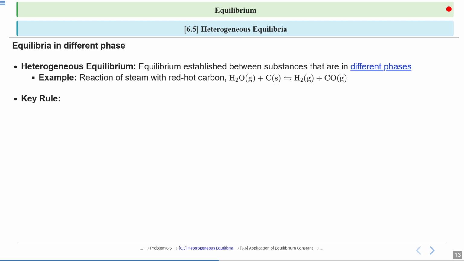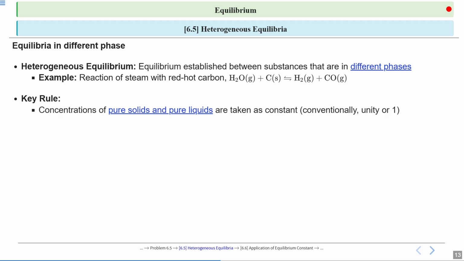Now in this kind of situation, remember some key rules. First is, the concentration of pure solids and pure liquids is always taken as 1. This is very, very important to remember, right? This is the most important point, and this is not applicable to gases. Remember, gases cannot have a unity, or similar concentration throughout the chamber because of the moving molecules.